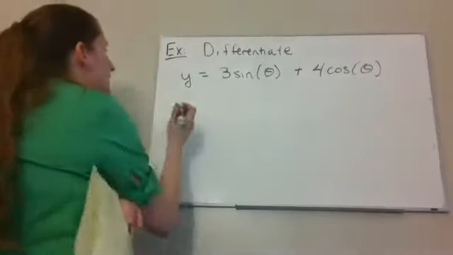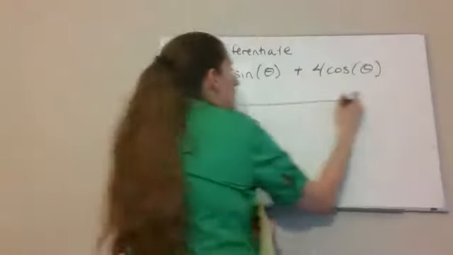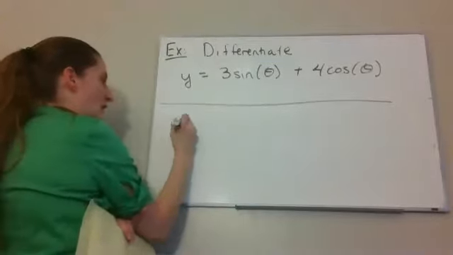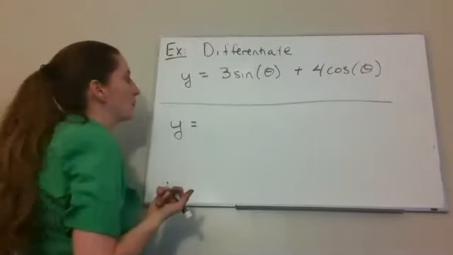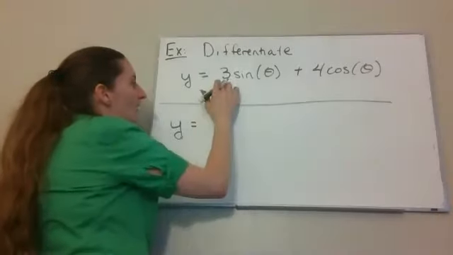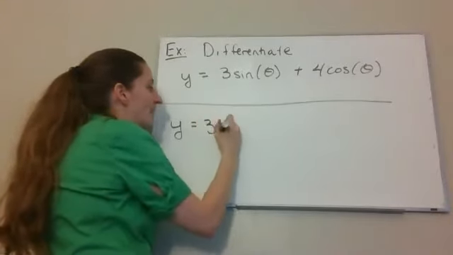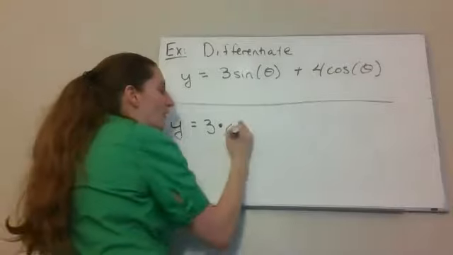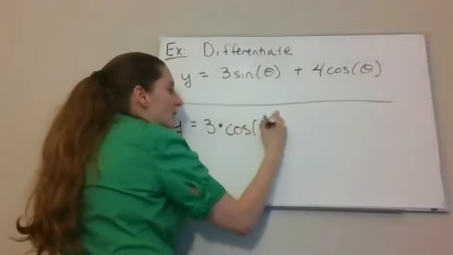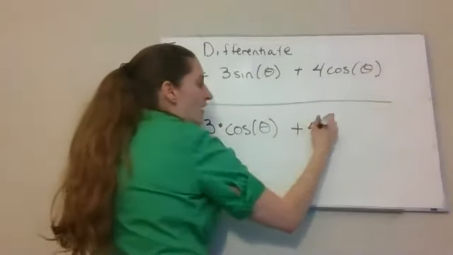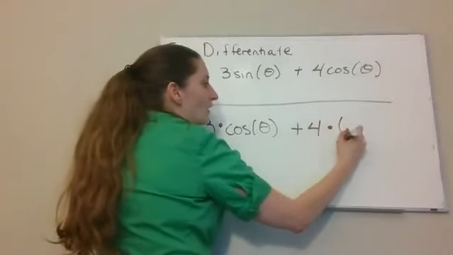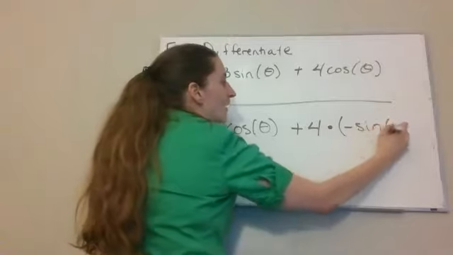And so to take this derivative, I'm going to be using those derivatives of sine and cosine, as well as using my constant multiple rule. So I have this 3 that gets to stay there. Derivative of sine is cosine. My 4 gets to stay, and the derivative of cosine is negative sine.